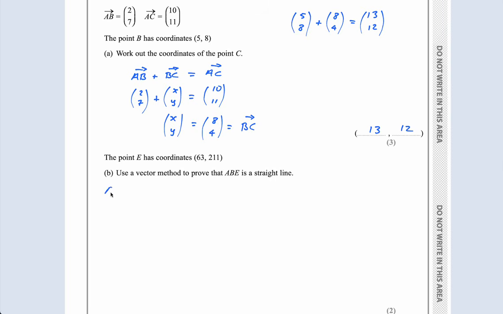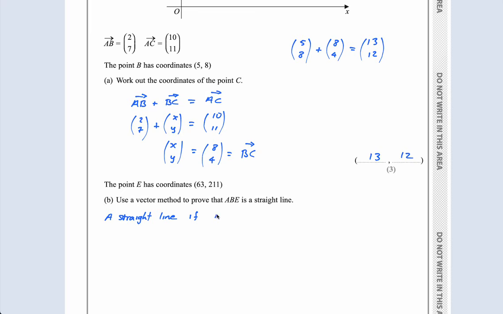A straight line if vector AB and vector BE are parallel. Now we will be able to show they're parallel, hopefully.